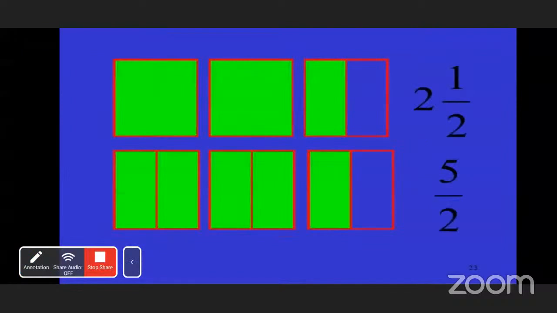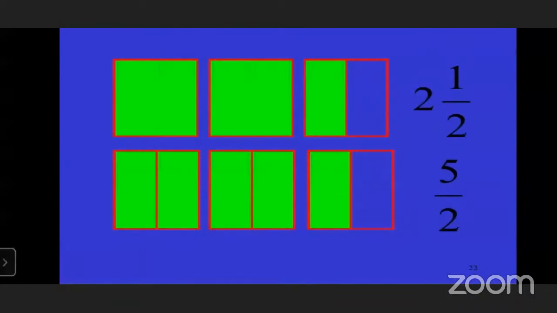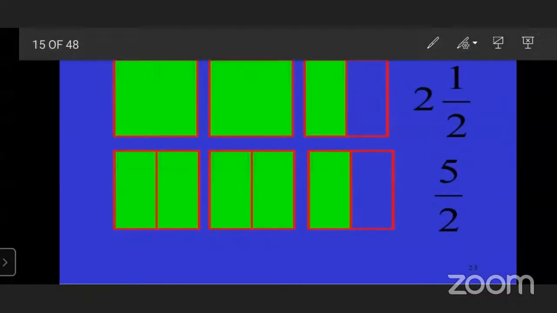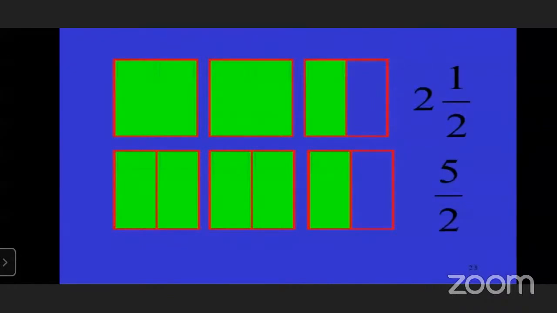Now see here, read these fractions. 2 and 1 upon 2, and 5 upon 2. Okay, the first one is a mixed number and the second one is an improper or proper fraction? Improper. Improper. Good. Now see, the diagrams are equal. See here, it means both the improper fraction and the mixed number are equal.